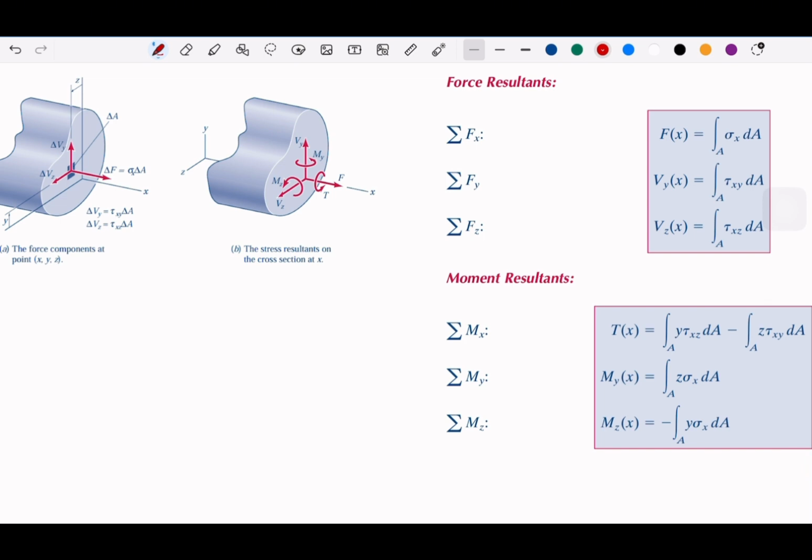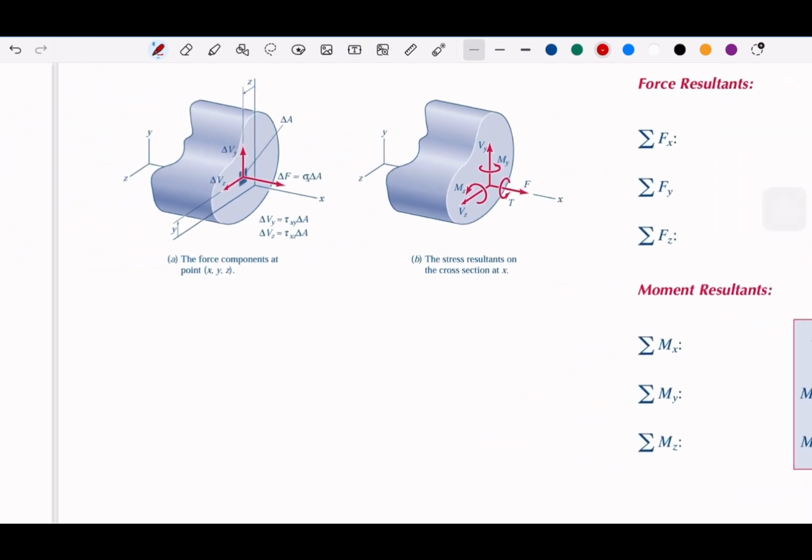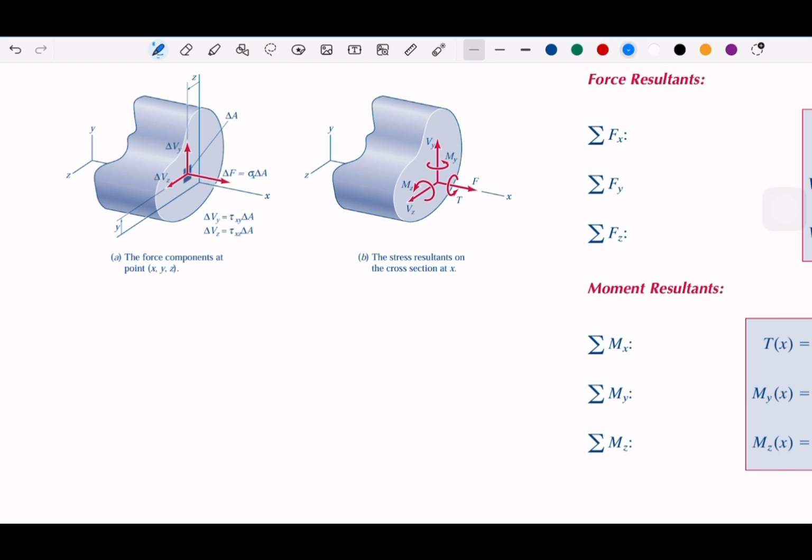So we are going to use more the right hand rule, let me write here, to establish the sign convention for T and M.